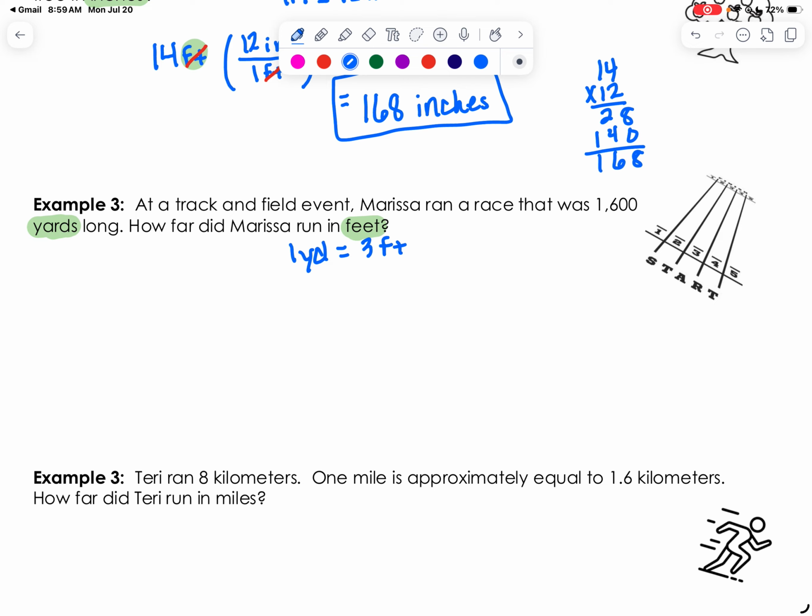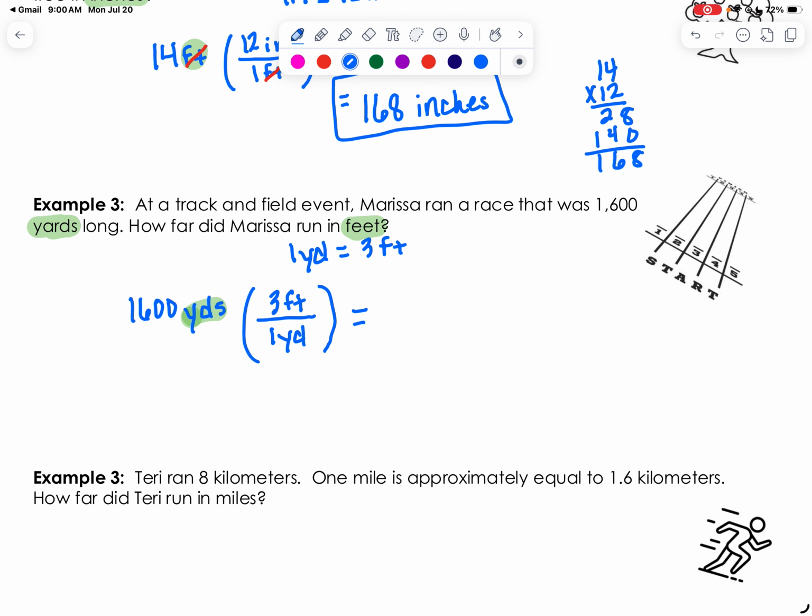All right. Now, again, you start with what you have. We were given 1,600 yards. Then I'm going to multiply by my unit rate. Now, to know which one goes in the denominator, whatever units I have here has to be the units of my denominator. So 1 yard would go in my denominator. 3 feet would go in my numerator.